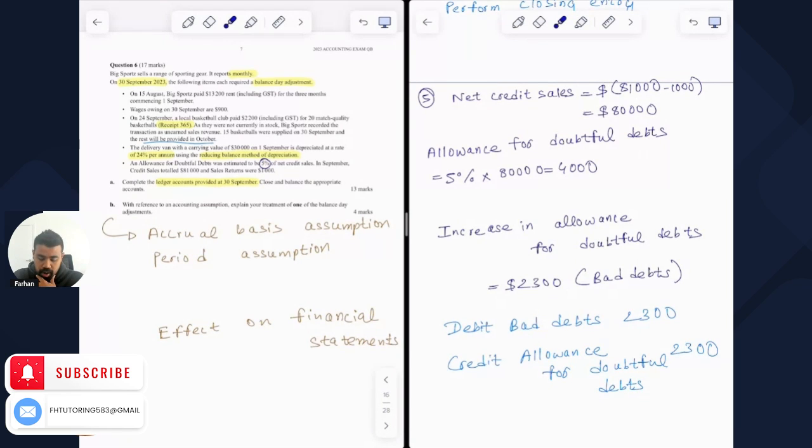All right. And this is done as part of the balance sheet adjustments because we want to reset the balances for revenues earned and expenses incurred to zero for the purpose of calculating profit prior to starting the next accounting period. Then we have the period assumption or the reporting period principle, which calculates the profit for a business on a periodic basis.